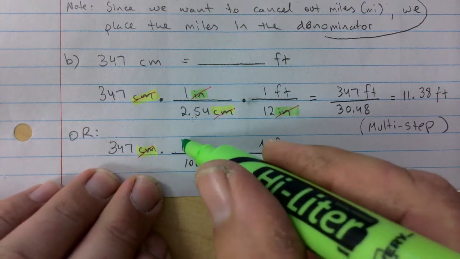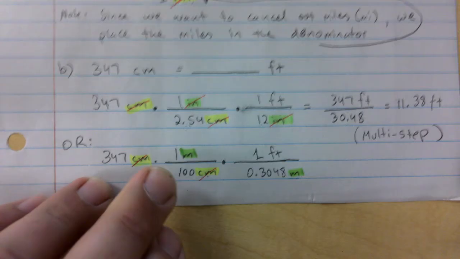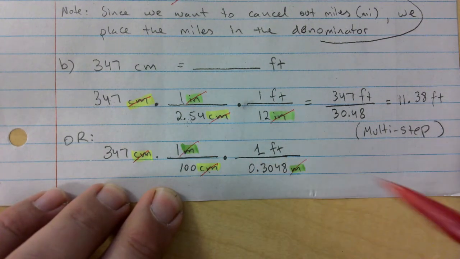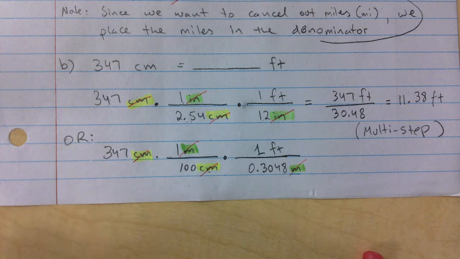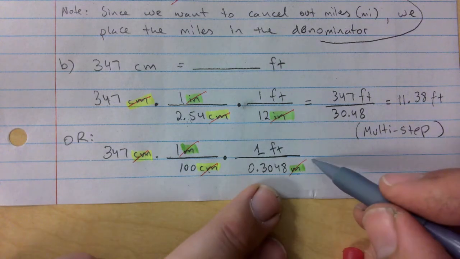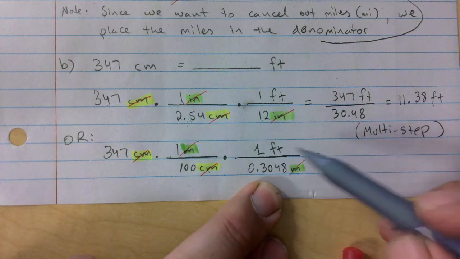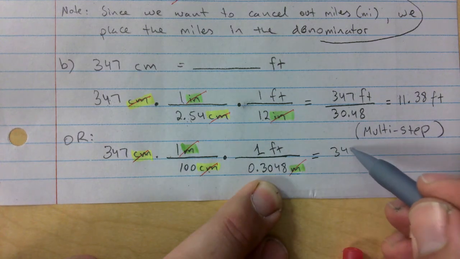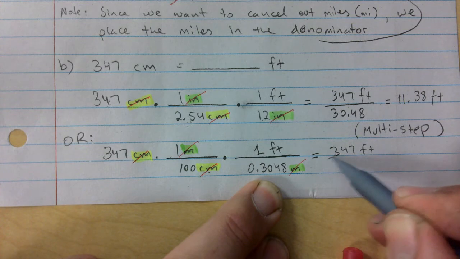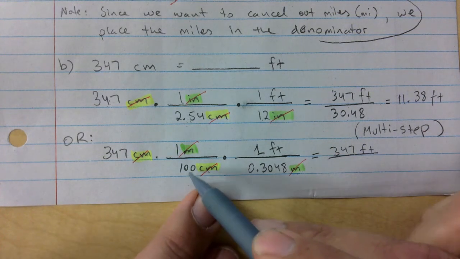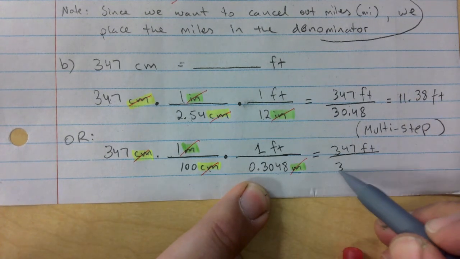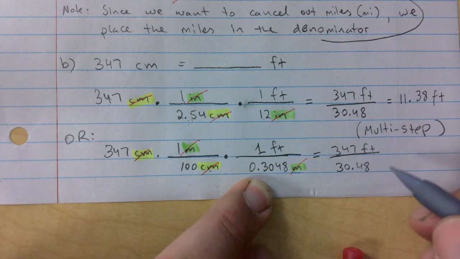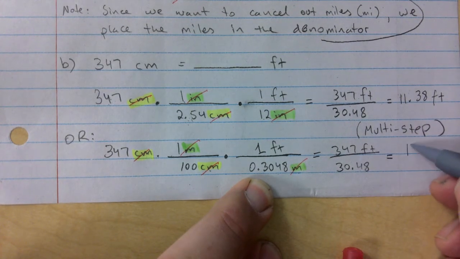And you don't have to highlight anymore if you don't want to, but I cancel this one out with that one. And I'm still left with feet, which is what I want. So 347 times 1 times 1 is 347 feet, divided by this times that, which actually gives you 30.48 as well. And then you can tell that they're the same, so you expect the same answer, right?